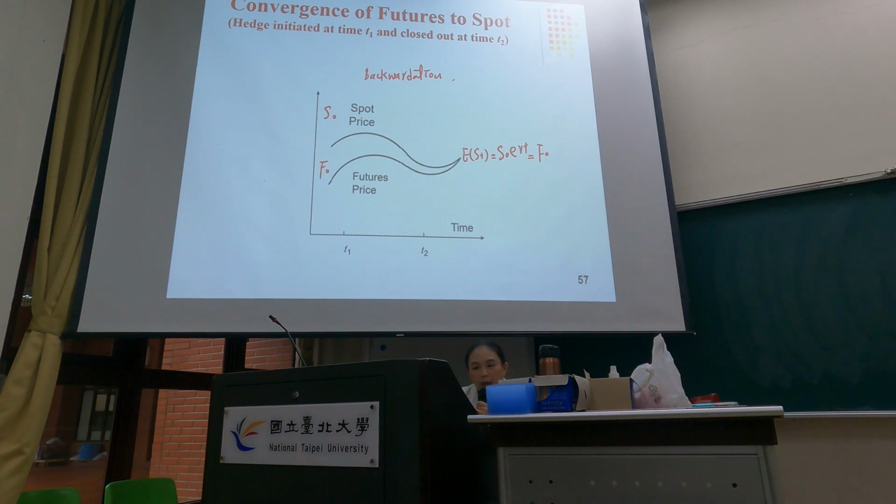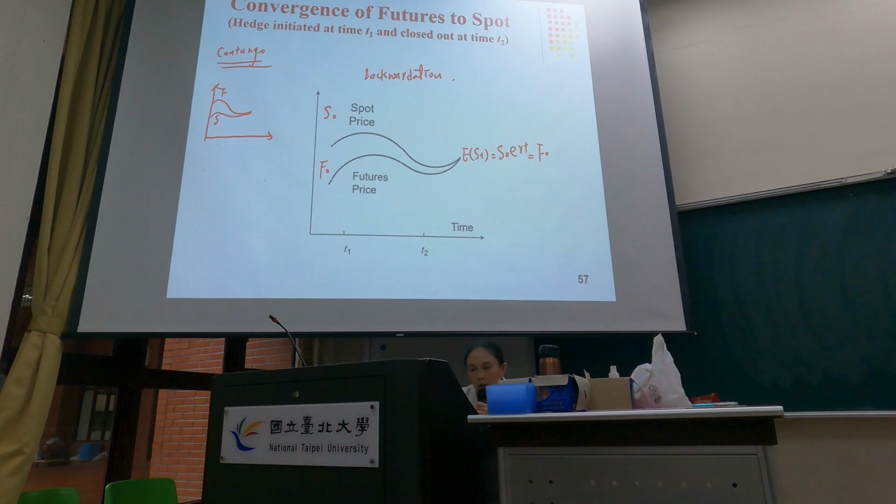And then remember another shape. You start with the futures price higher than the S price. So this is what we call a normal market, contango.